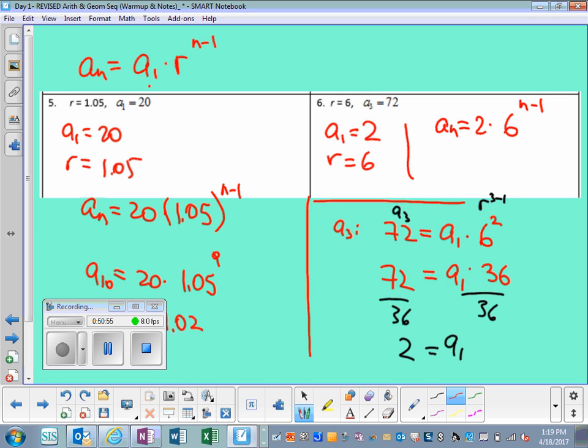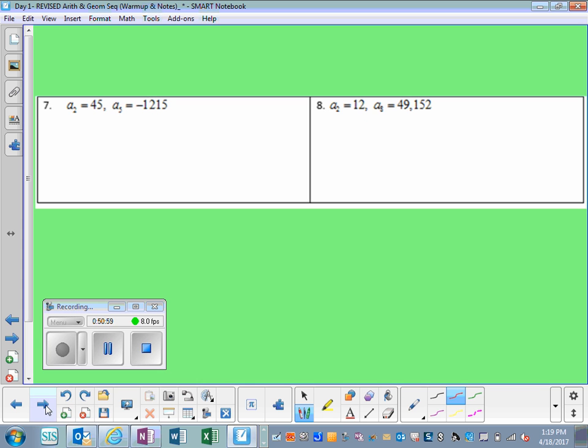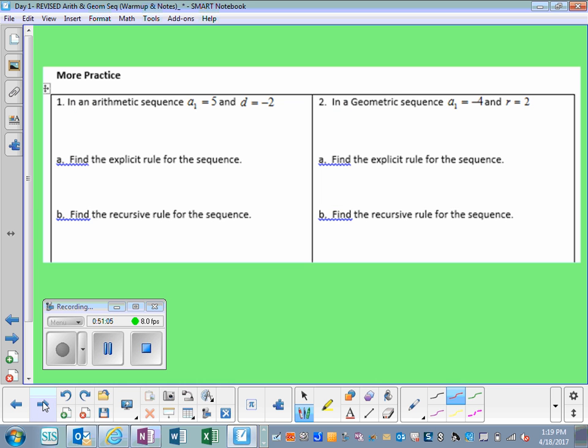Wait, hold on. These ones will not be on the quiz, but we still need to learn it, so you'll have some of this in the homework. But I want to do this one. We have 2 minutes, so I want to do this one so we see one more time the difference between explicit rule and recursive rule.